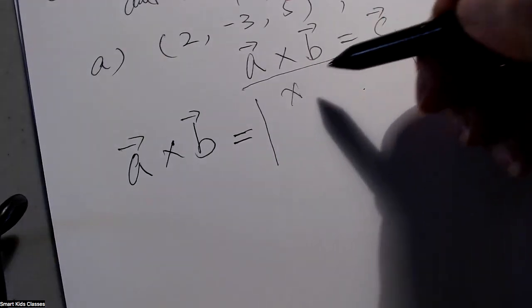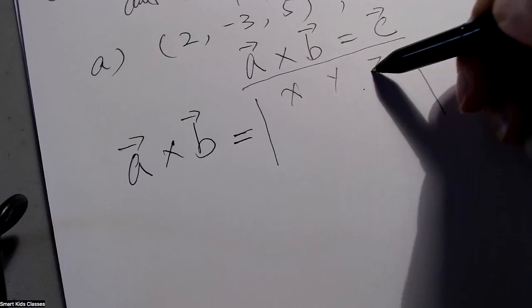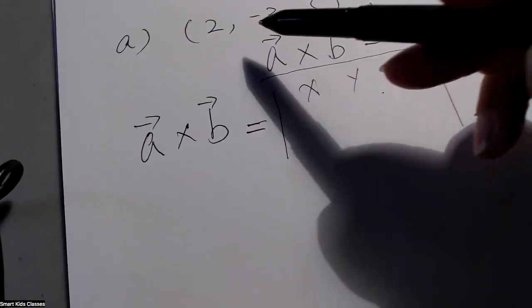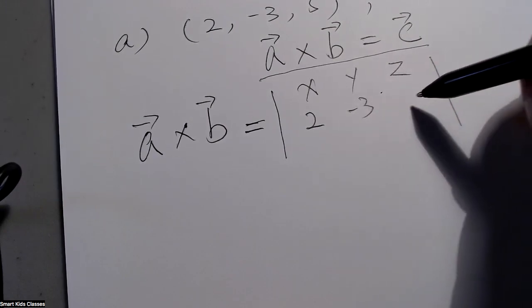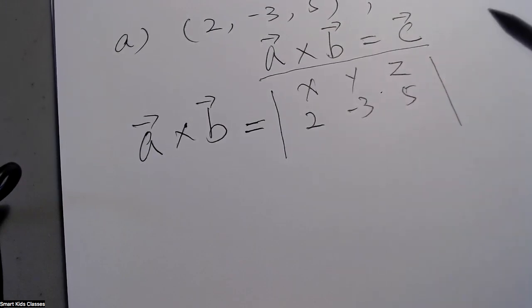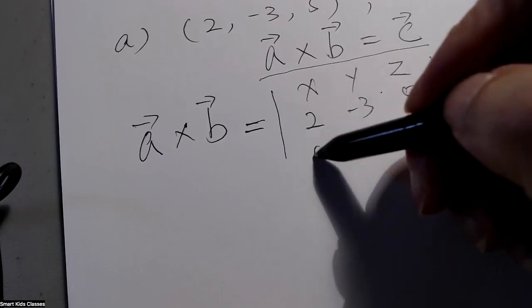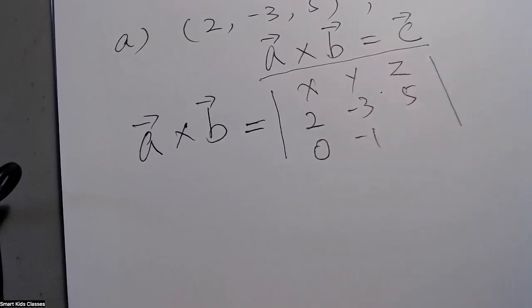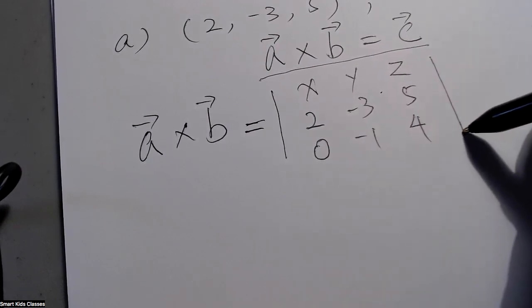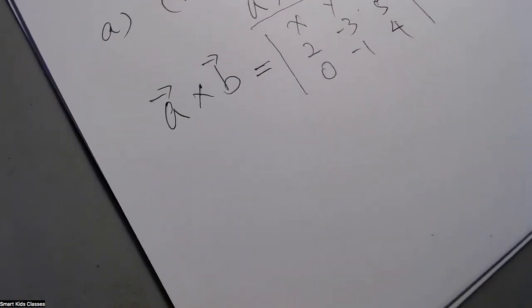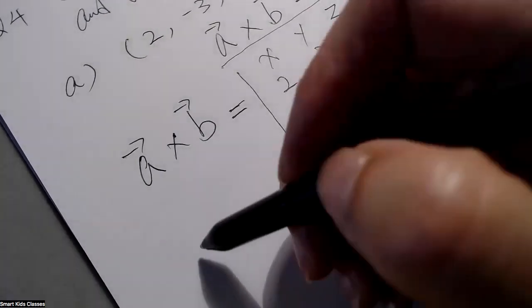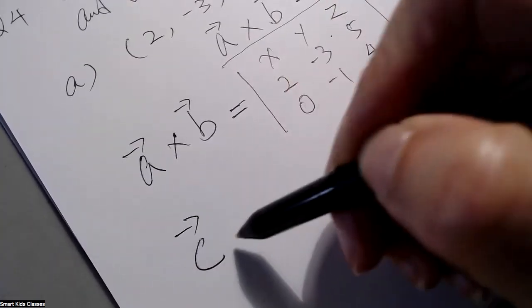I'm going to write X, Y, and Z. We write the first vector here: 2, -3, and 5. The vector B is 0, -1, and 4. This cross product gives the answer called vector C.